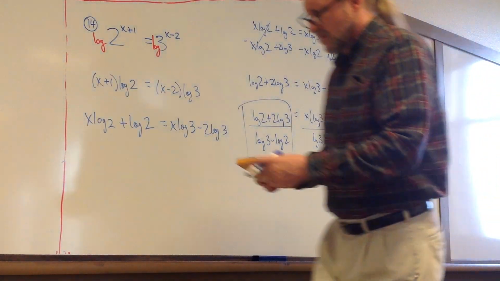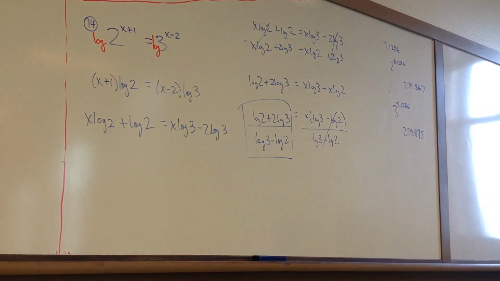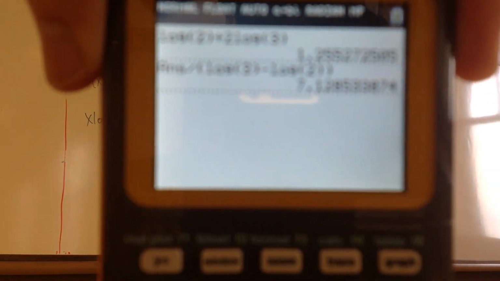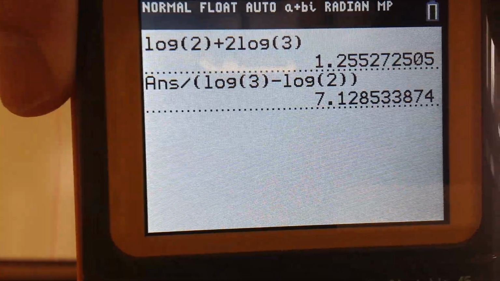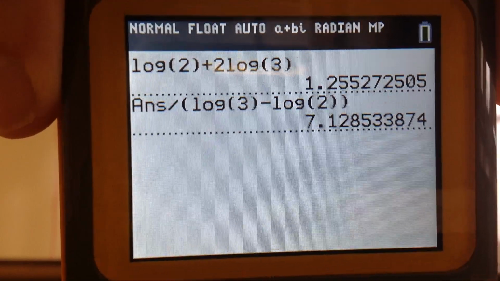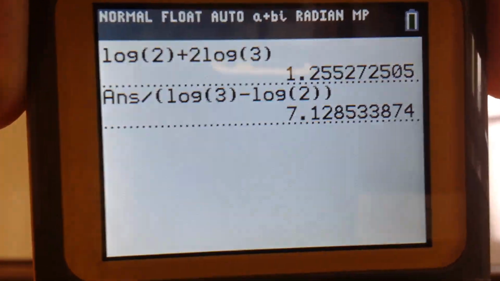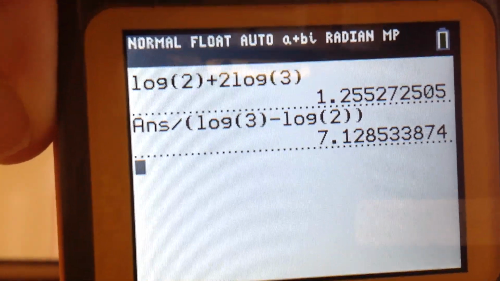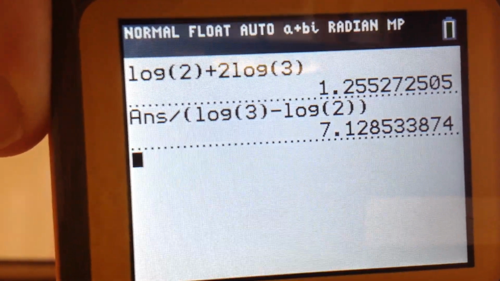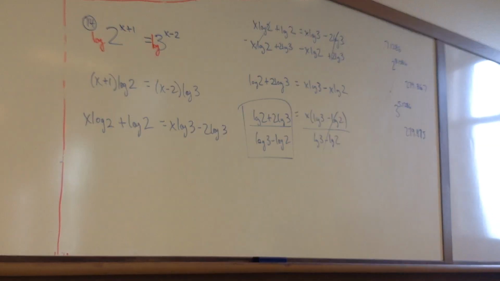And there's our 7.1286 approximately. And there's what the approximation looks like on the calculator. So there I just calculated the numerator separately and then divided that by the denominator. And notice that I've got those extra parentheses around the denominator. Otherwise, we wouldn't get the correct answer.